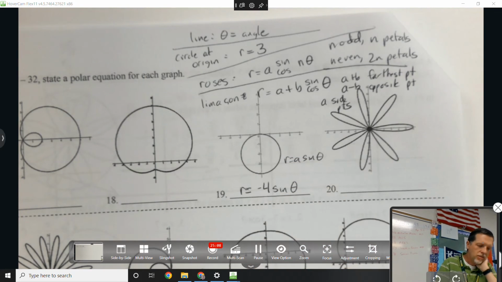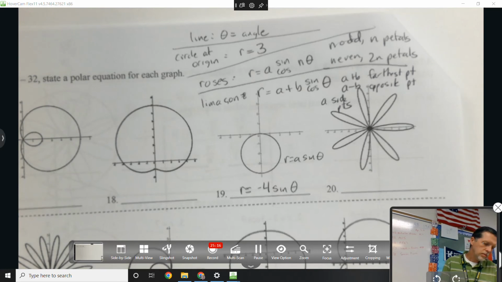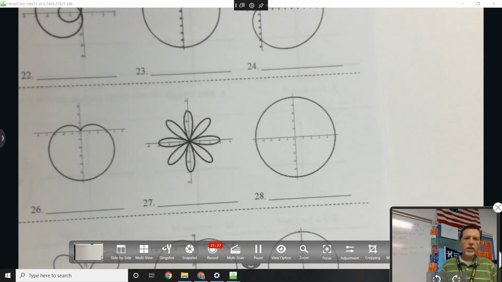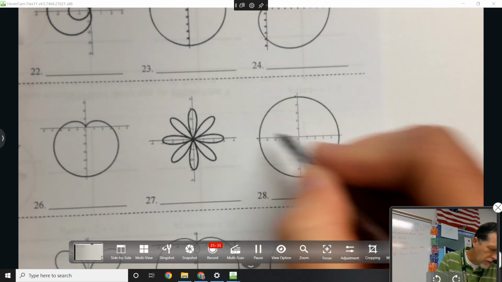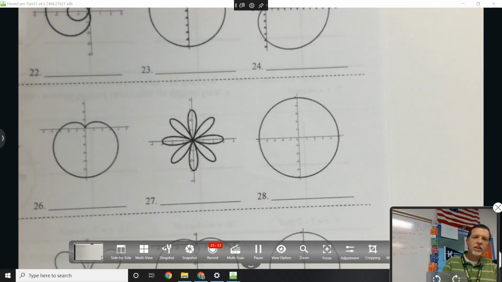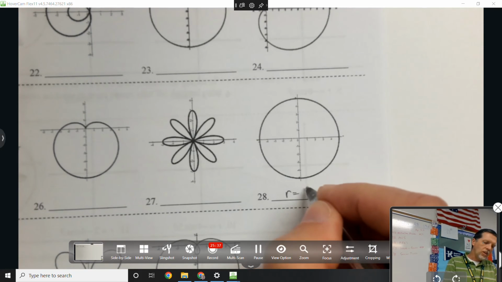Negative 4. Negative 4 sine theta. The negative is what has it flipped over. About 28. What shape does that look like? Guess we could verify. It's 5 out all the way around. So you could just say that the r is always 5.